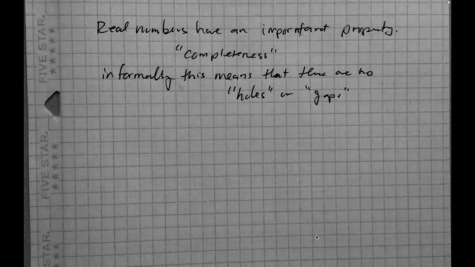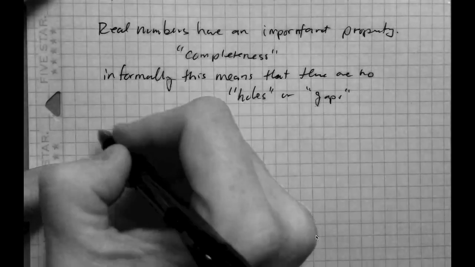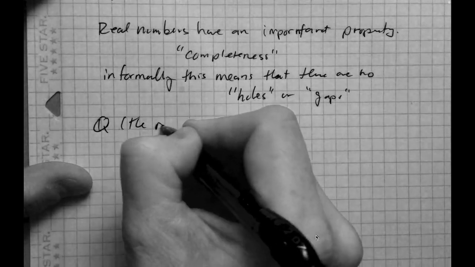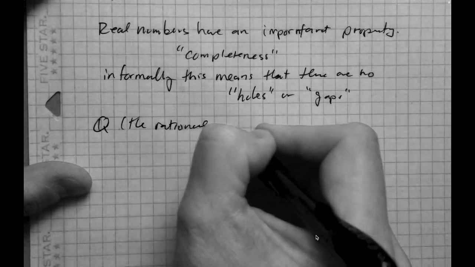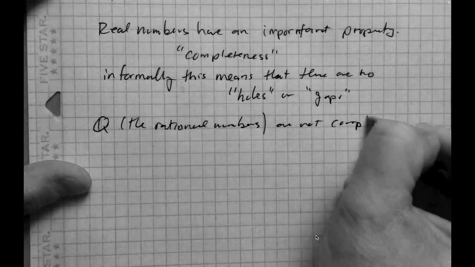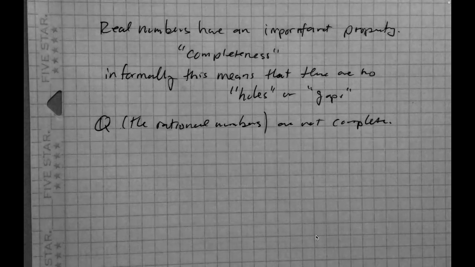So the rational numbers, Q, for example, are not complete, right?